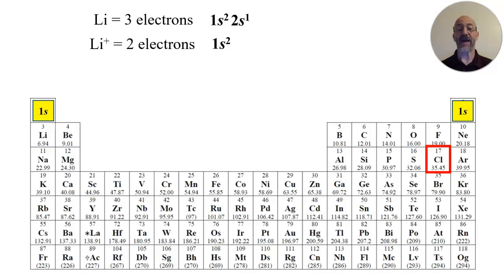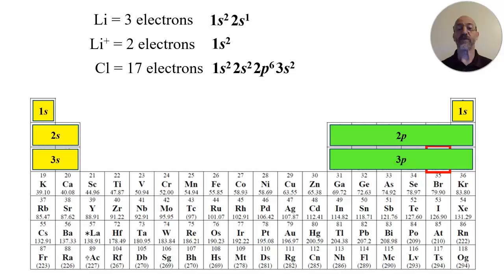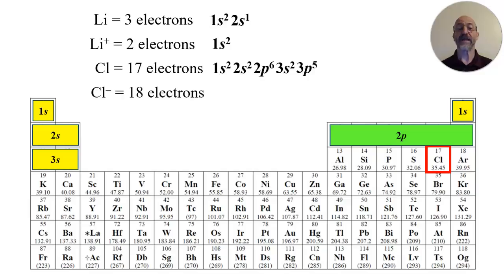Chlorine, the atom, has 17 electrons with a configuration of 1s2, 2s2, 2p6, 3s2, and then finally 3p5. But since the chlorine with a negative charge has actually gained 1 more electron, its electron configuration with 18 electrons stops at 3p6.